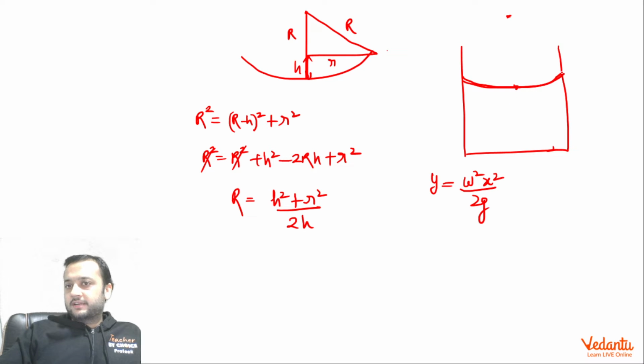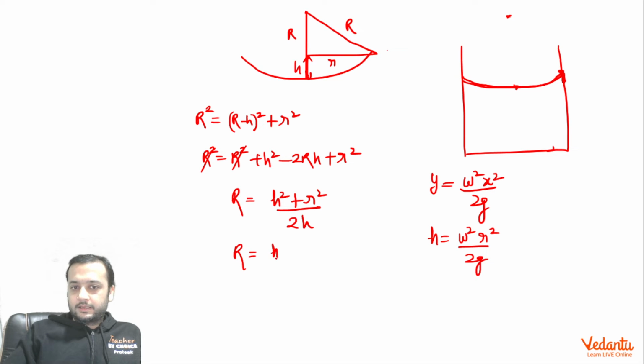So for this point, y will be h, and x will be small r. So if you put the value over here, h will become omega square small r square by 2g, right? Now, from here, we see that capital R is nothing but h by 2 plus r square by 2h.